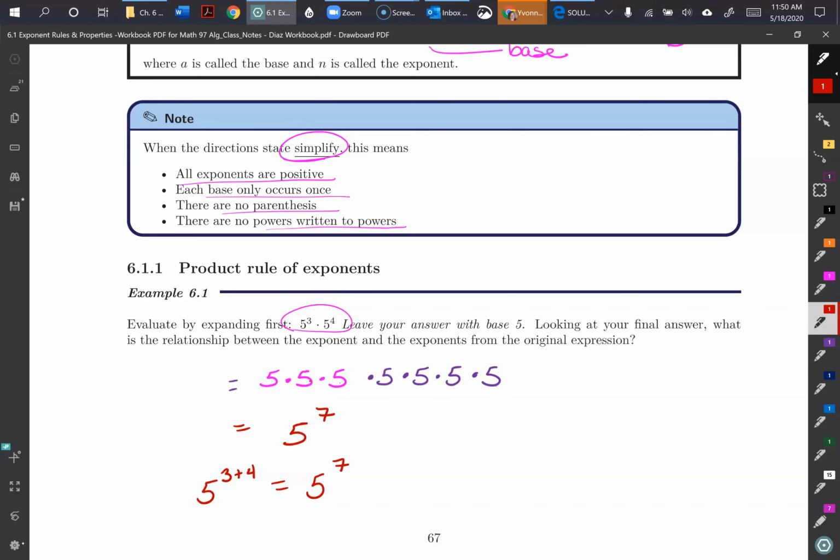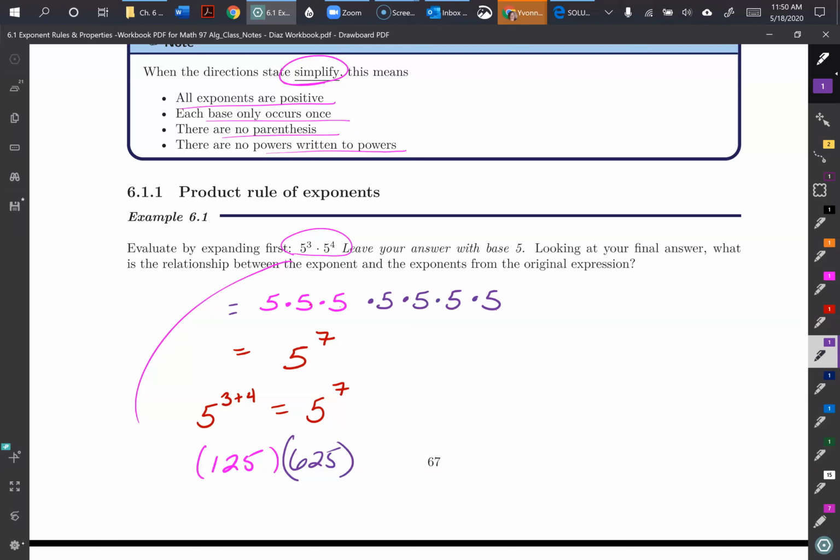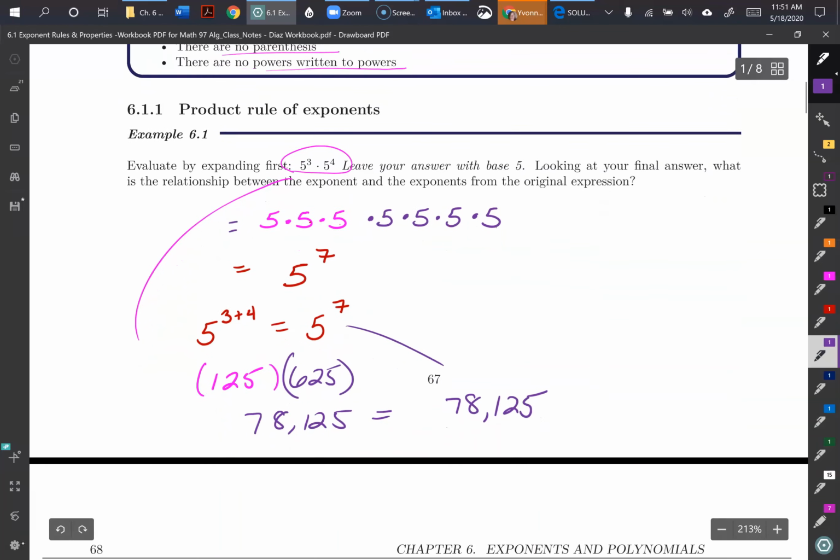And if you were to calculate them out separately, 5 to the 3rd would be 125, and we would multiply that times 5 to the 4th, which would be 625, and that would equal 78,125, same as 5 to the 7th. So this is a quick process, and we can develop a rule from that.